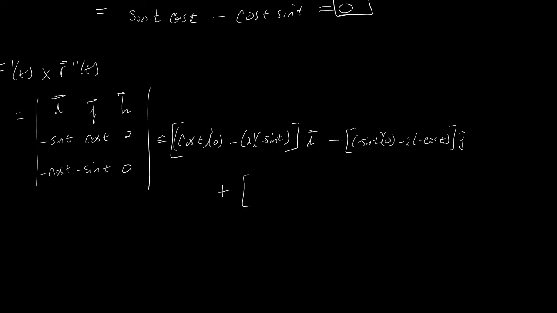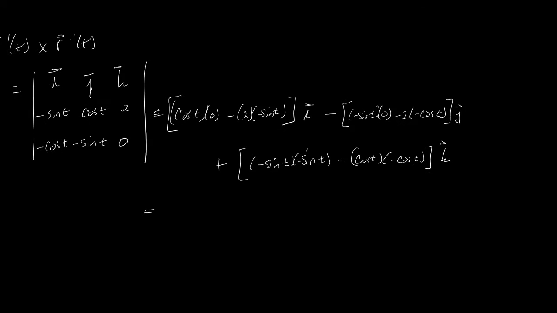Plus, in the k direction, we're going to have negative sine t times negative sine t minus cosine t times negative cosine t. So this gives us 2 sine t in the I direction minus, okay, this is 0, and then minus 2 negatives makes a positive, so that stays negative, 2 cosine of t in the j direction plus sine squared t plus cosine squared t in the k direction.